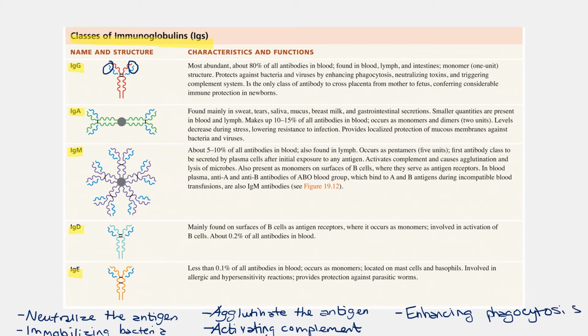The stem region of an antibody, this part down here, acts as a flag. This part is going to act as this massive flag here, and it attracts phagocytes once antigens have bound to the antibody's variable region. So the stem region of the antibody will actually flag down phagocytes to engulf it once it has bound to an antigen.